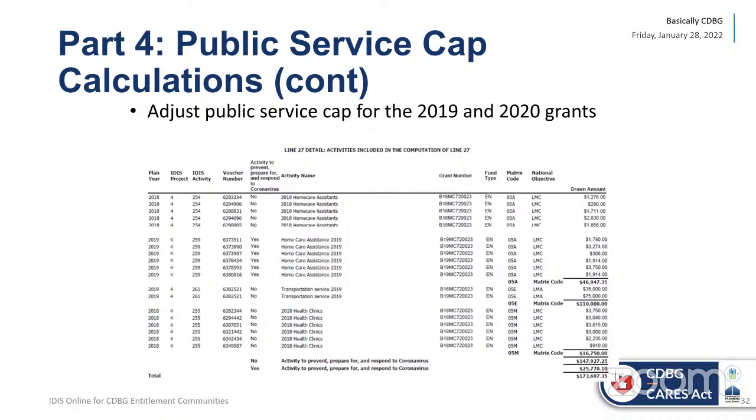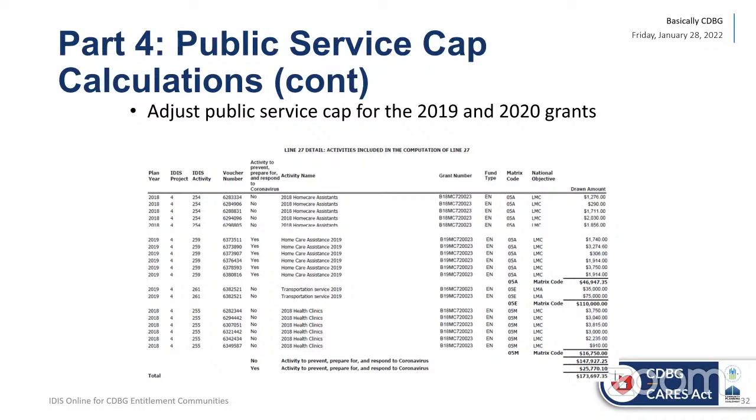So how to determine how much you used 2019 and 2020 funds to respond to the coronavirus? We have a line 27 detail, and that lists all the vouchers, like which grant was used, and whether that activity responded to the coronavirus.